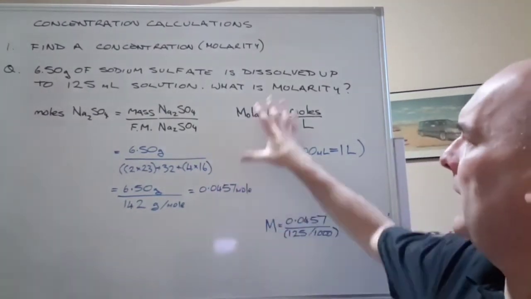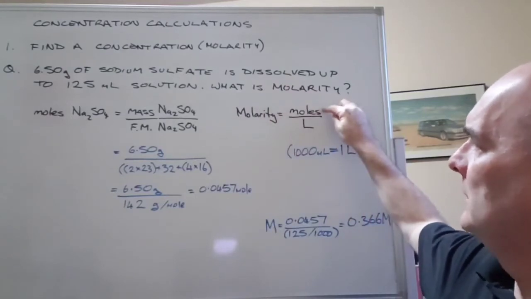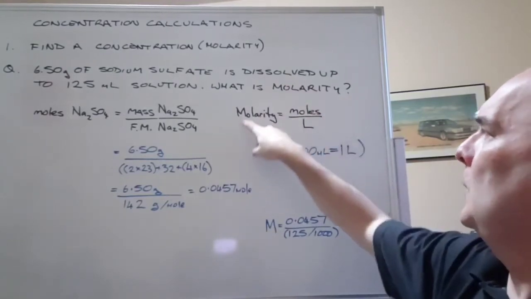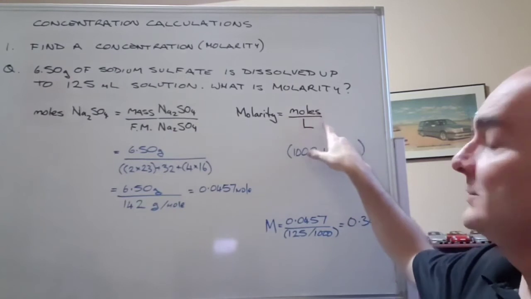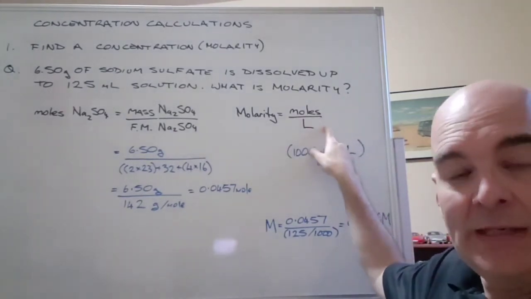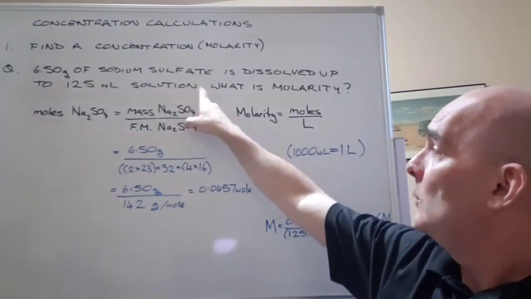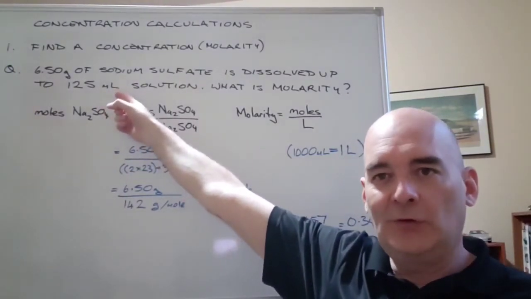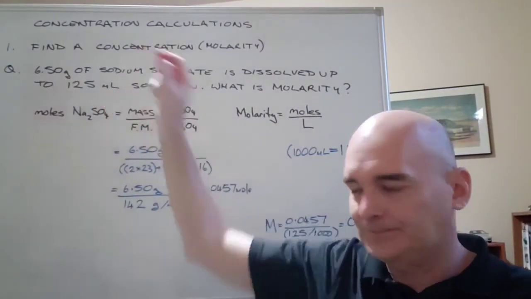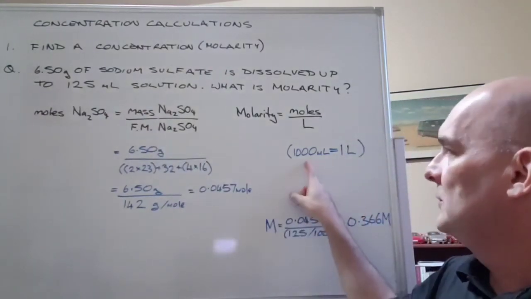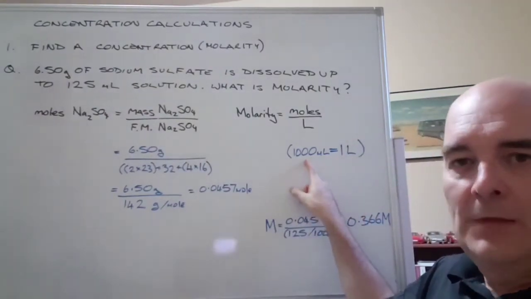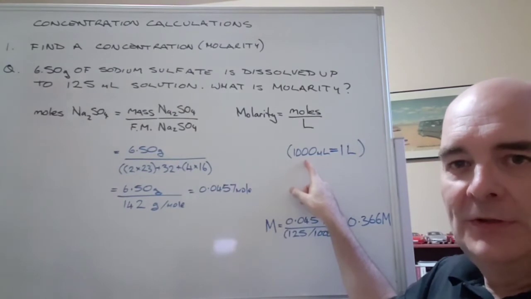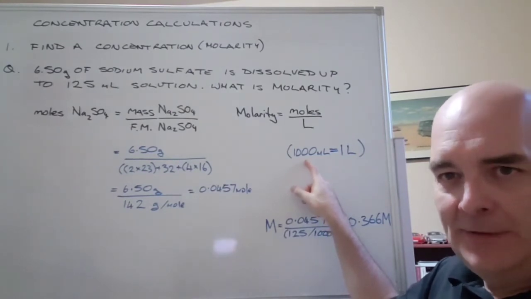I can now put my mole amount in my molarity equation. Molarity is moles per litre, specifically litres. My question doesn't have the volume in litres, the question has the volume in millilitres. And I have to do the conversion that there are 1,000 millilitres in a litre.